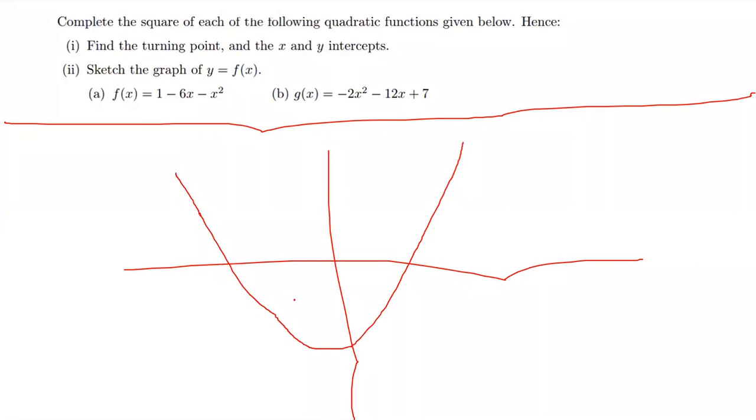So if, for instance, these are your x-intercepts, and this is your y-intercept like that, and then this is your turning point. And then you've been told that this now has its absolute value like that.